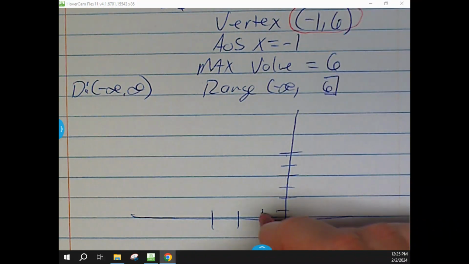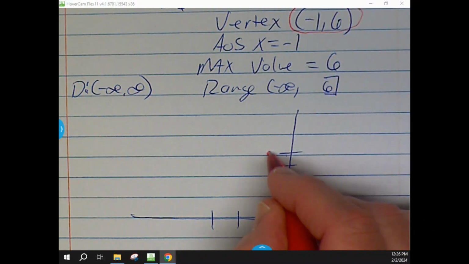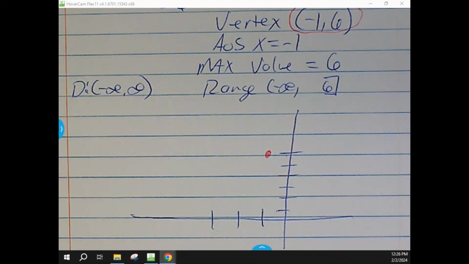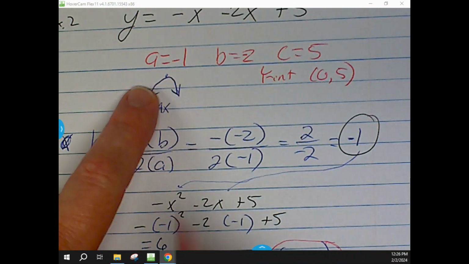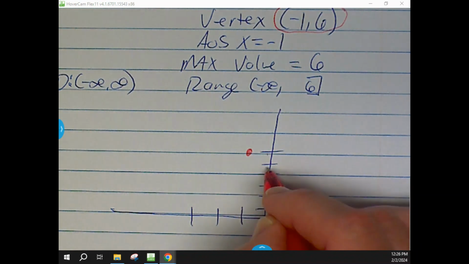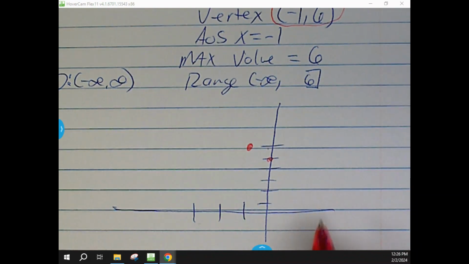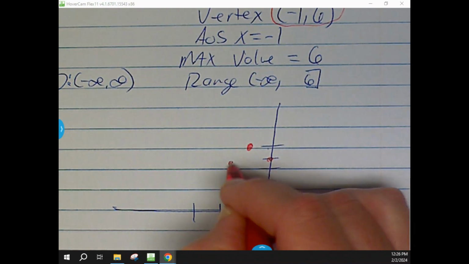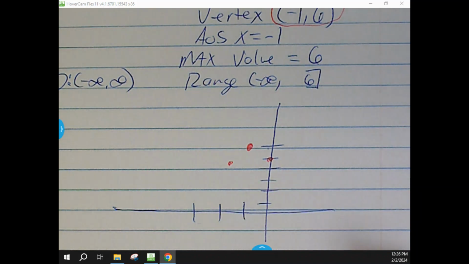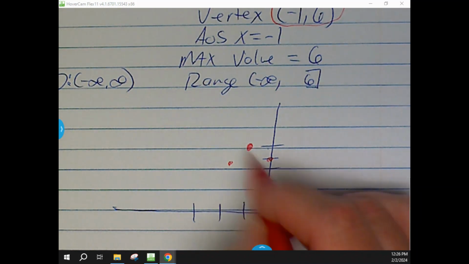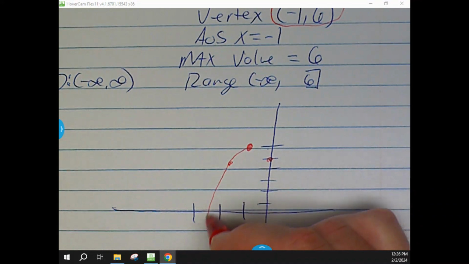So negative 1, 1, 2, 3, 4, 5, 6, put you up here. The A value was negative 1. So again, we know we're going to go down 1 over 1. So we go down 1 over 1, that'll put us there. Again, if it's absolute value, it's a straight V shape, but because it's x squared, after we leave that point, we got to curve it just a little bit.